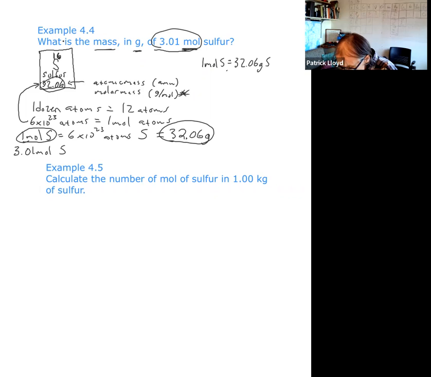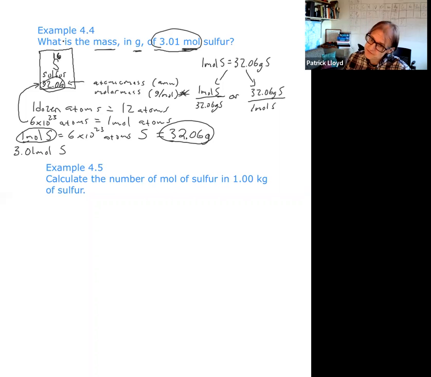This can be written in 2 ways. We can either write the mole on top and the grams on the bottom, or we can write the grams on top and the moles on the bottom. Those are just reciprocals of each other, right? So now what do we do? We look at what we're given. We're given the moles and we're asked for the grams. This is what we're asked for. Okay, this is given.